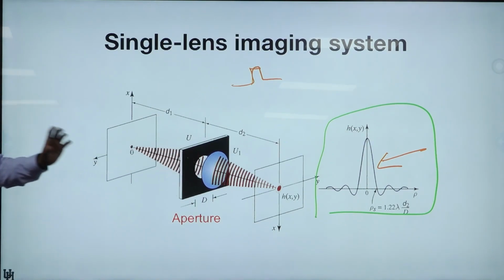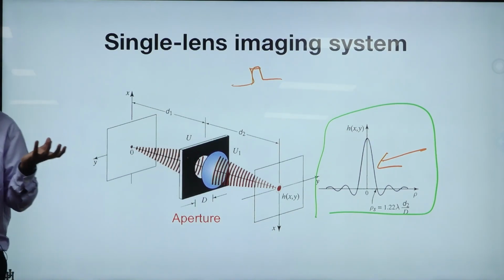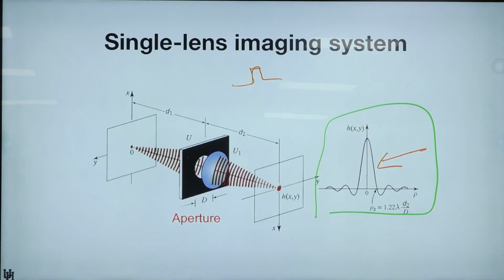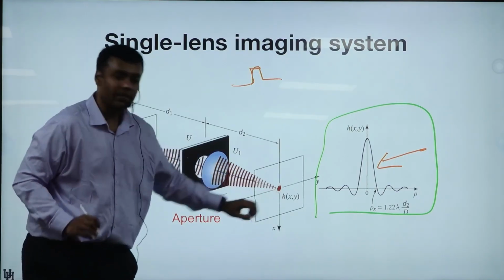If you take the Fourier transform of a rectangle function, what is it? Sinc function. So in 2 dimensions it's something like a sinc function, and this is the shape of what you will see on the screen here.